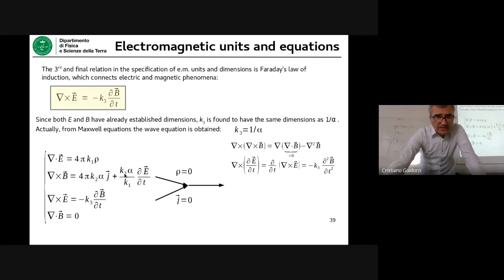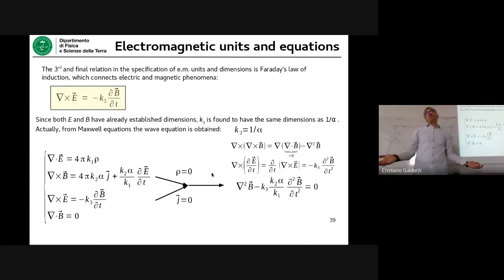On the other side, here j is 0, so you are left with the curl of the partial time derivative of the vector field. You can exchange both derivatives, and exploiting Faraday's law, you get this term, minus K3. Combining the two, you see that you have the wave equation.